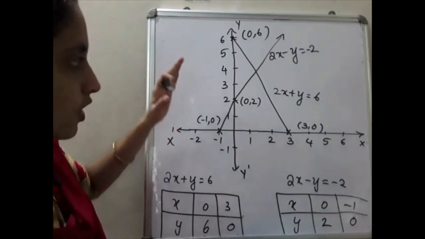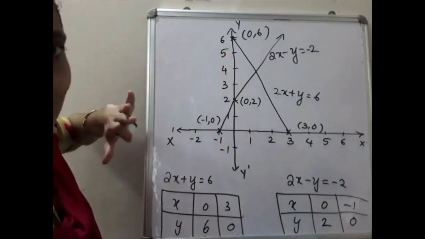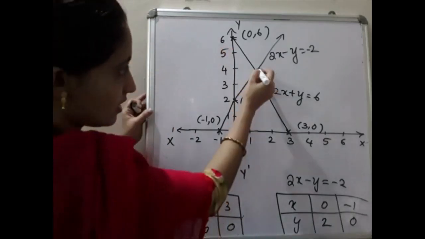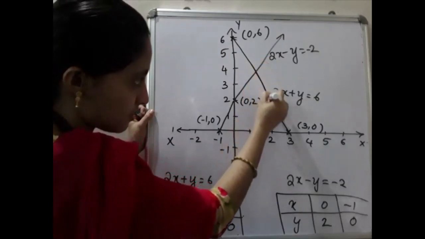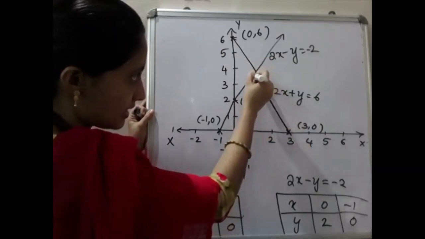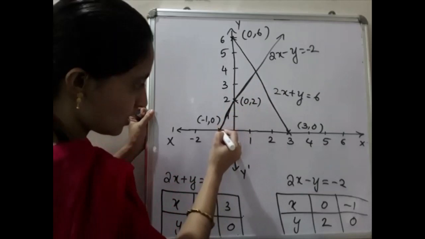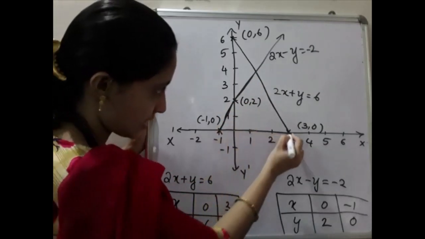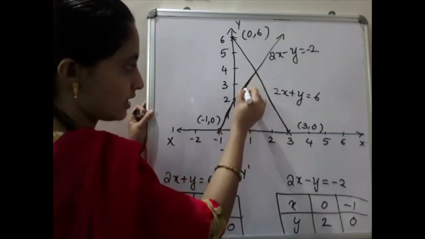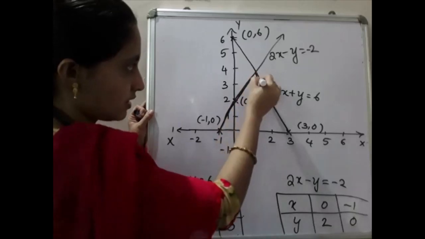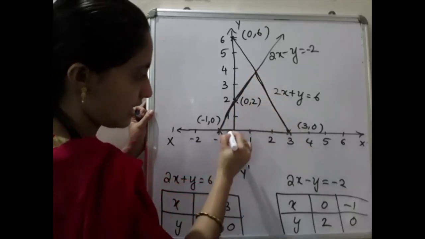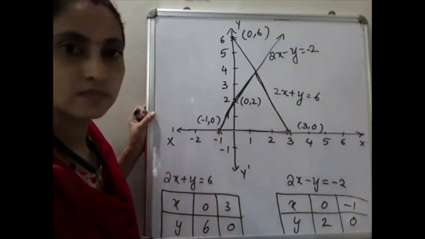Okay, so did you see a triangle here? This line, this much portion, and this line, this much portion, together with the x-axis. Clear?